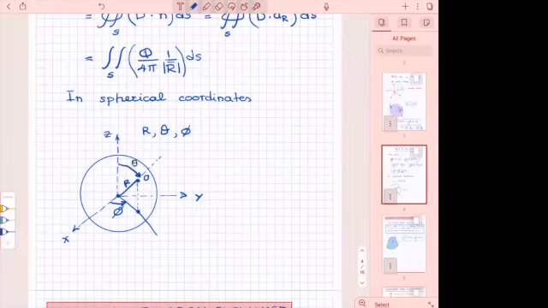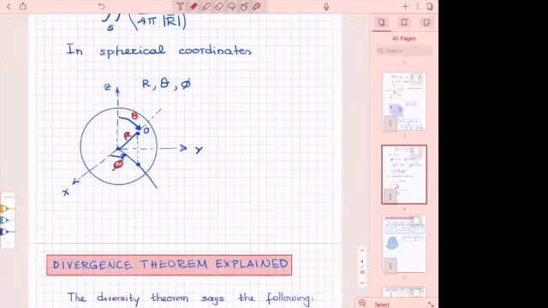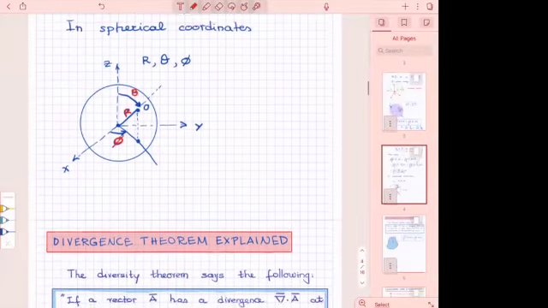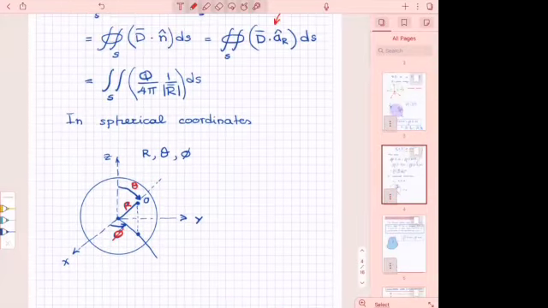So in a spherical coordinate system, the three coordinates are r, theta, and phi. Okay. Now we are on the surface, obviously, and it is getting very simple, because we are on one surface that has one radius. So everywhere on this surface, the radius is constant.